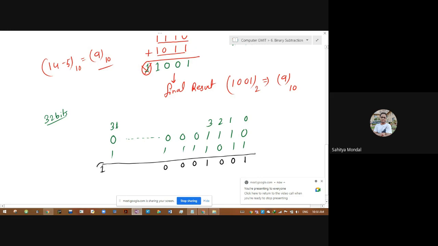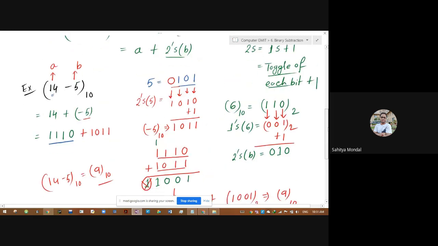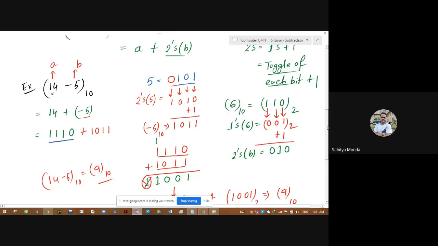This extra 1 will be in the 32nd position. But the memory is not there, so we finally have to delete it. So we actually get this one, which is equivalent to 9. The computer does not work with 4 bit, but for the explanation it is easier to explain with 4 bit or 8 bit from our end. Understood?